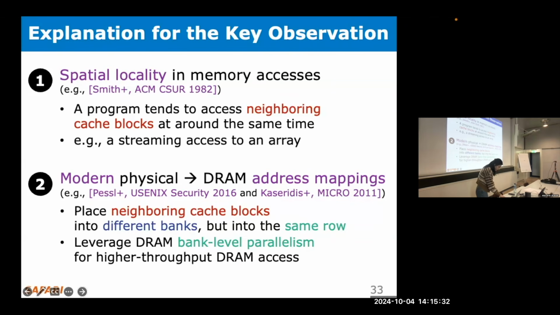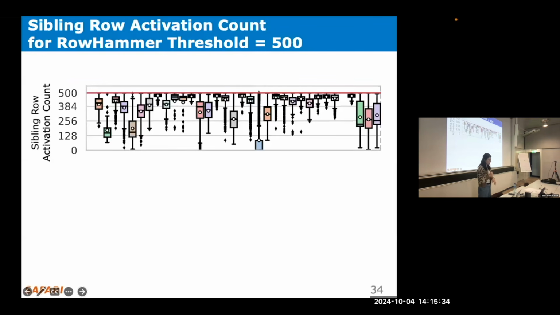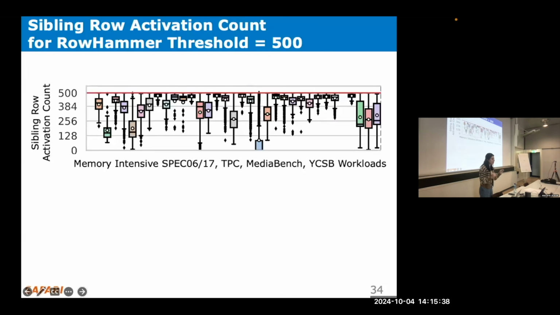This plot shows our key observation across many tested workloads. I will not go into too much detail, but I will explain what we did. When a row gets activated RowHammer threshold times, which is 500 in this figure, we record the activation counts of that DRAM row's siblings. Each box in this plot shows the distribution of sibling rows' activation counts for a tested workload.